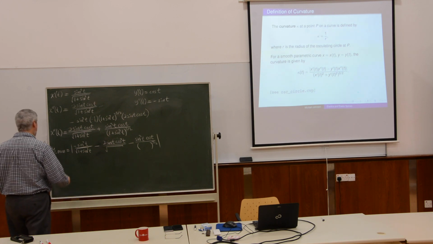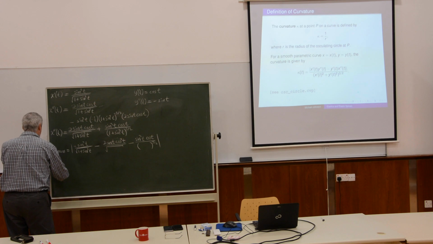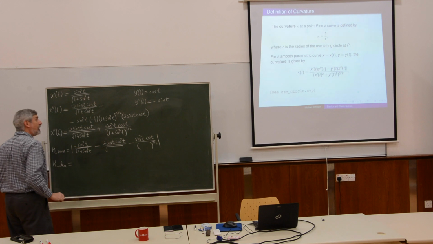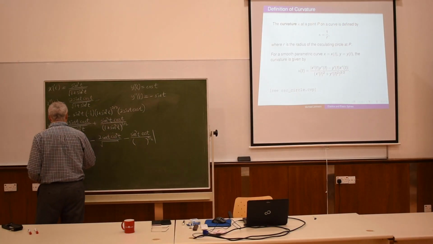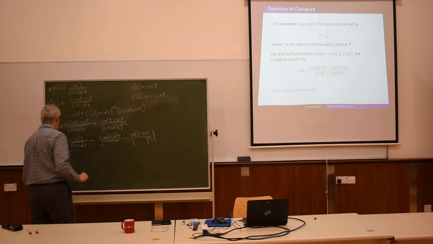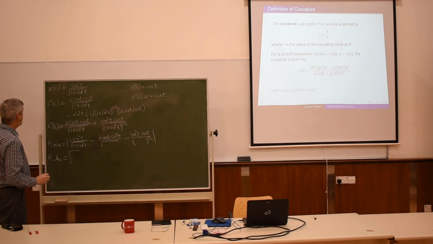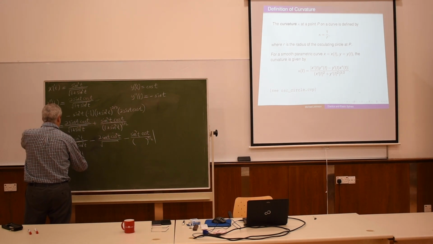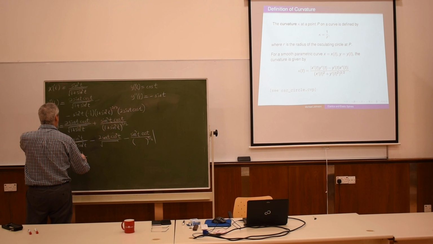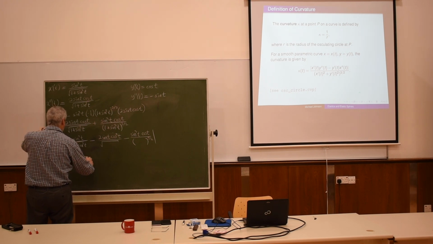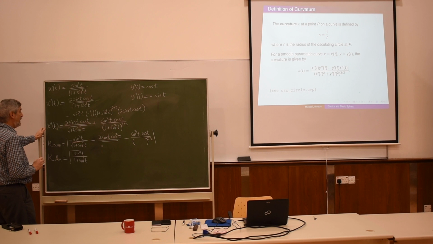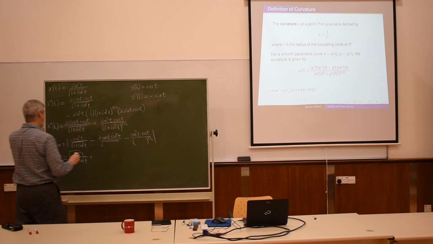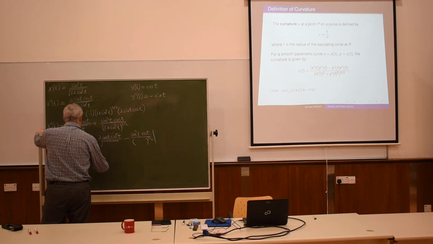All right, and the denominator is the square root of x prime squared. So that's going to be sine to the 4th divided by 1 plus sine squared t, and then plus y prime squared, which is cosine squared t.